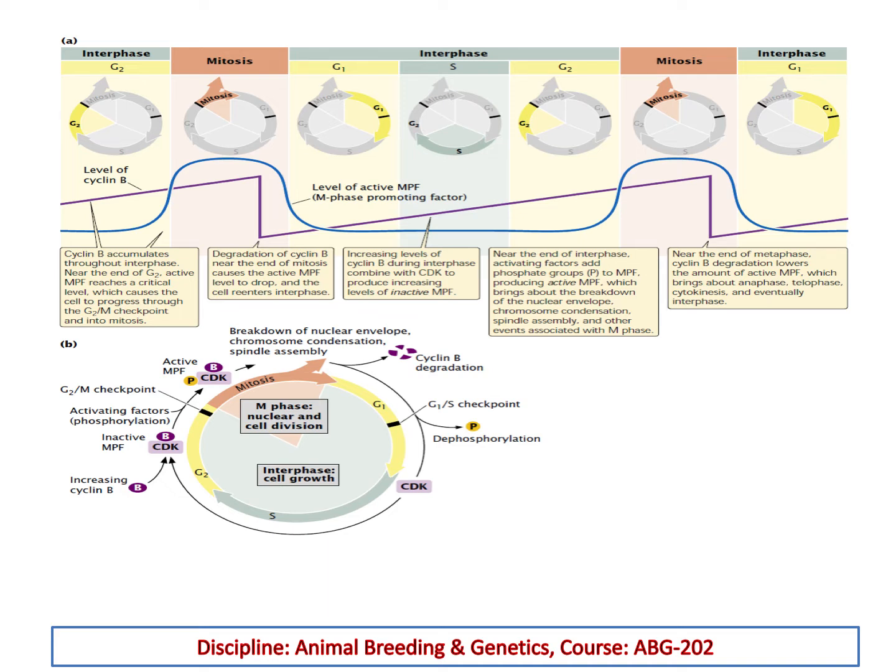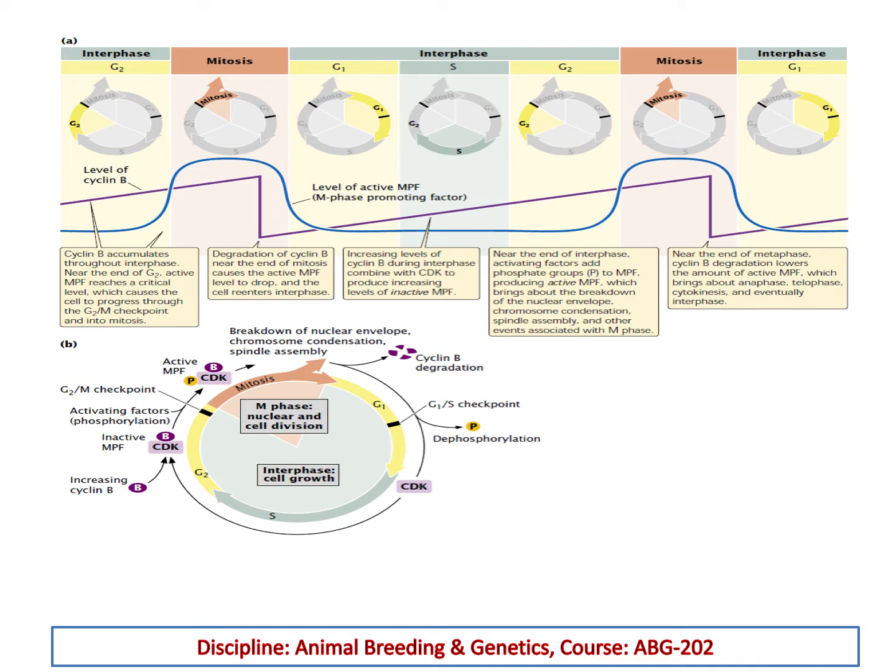Now you can see over here the cyclin B, once this mitosis is over and the cell is divided, the cyclin B present in the cell is quickly degraded, disintegrated, and as a result of that, the cell goes to the rest phase.